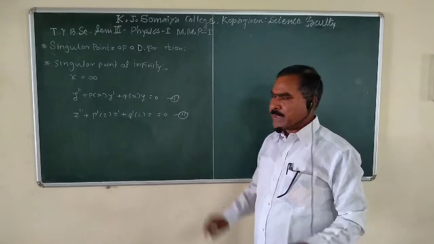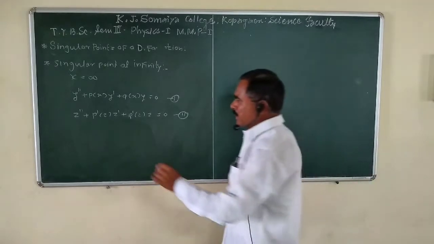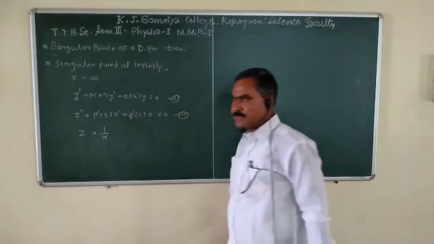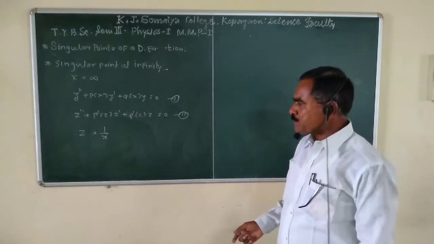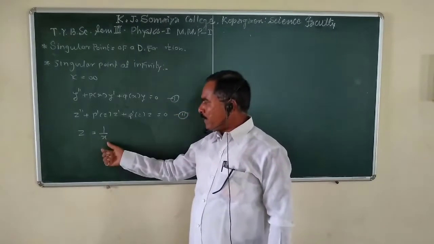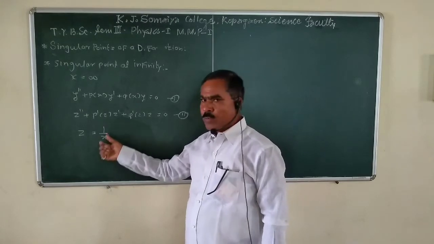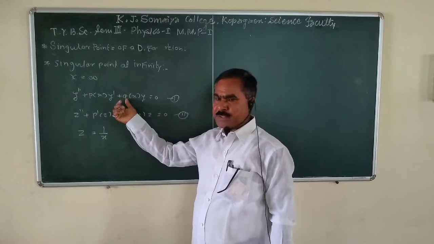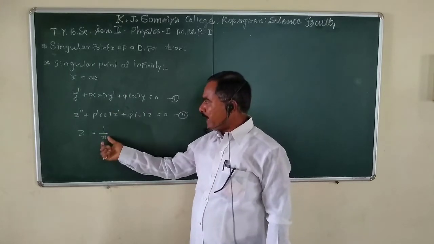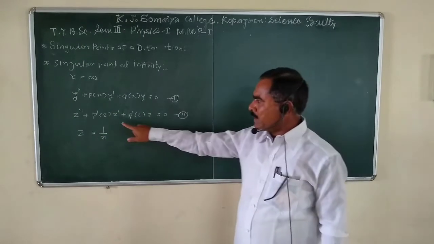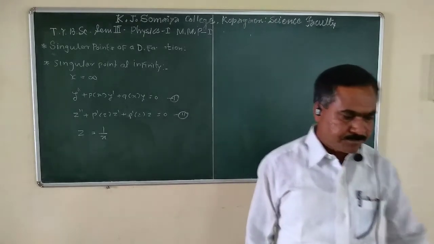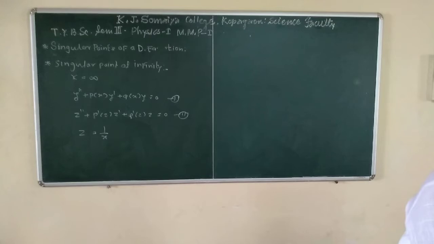And this can be done using the transformation z equal to 1 by x, that is x equal to 1 by z, and we have to solve this equation by making the substitution z equal to 1 by x, and then we obtain this equation.